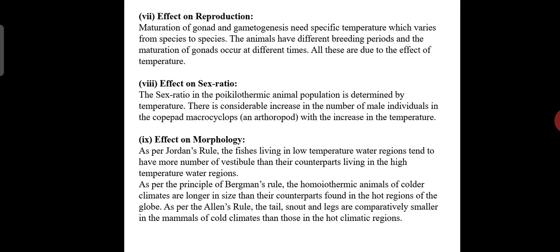As per Bergmann's rule, the homeothermic animals of colder climates are larger in size than their counterparts found in the hot regions of the globe. As per Allen's rule, the snout and legs are comparatively smaller in mammals of cold climates than those in hot climate regions.